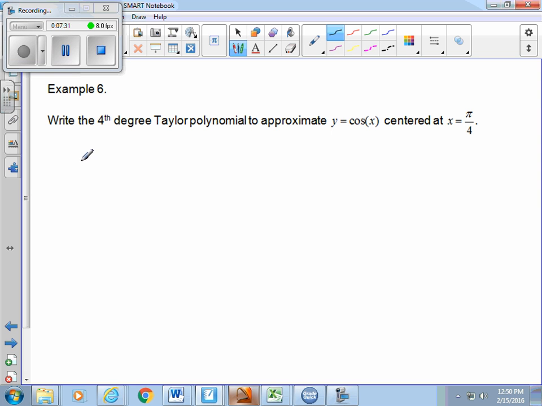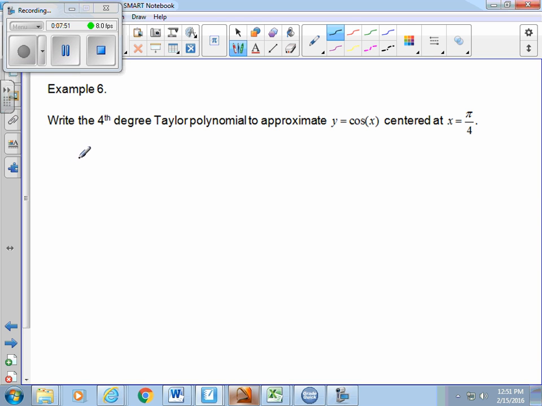I'm going to do this just using the Taylor polynomial formula. I'm not going to try to use my memorized formula. It's almost a homework question. It's asking for the fourth, not the second.